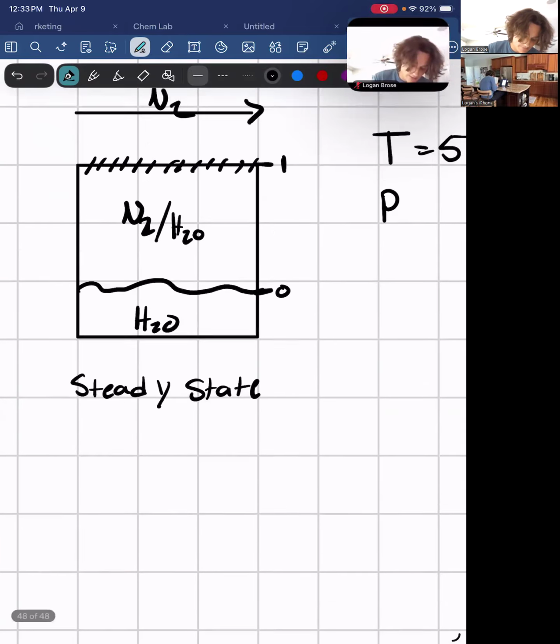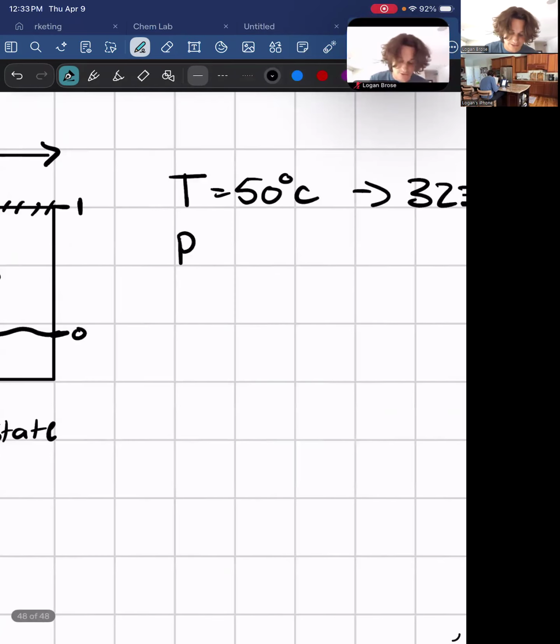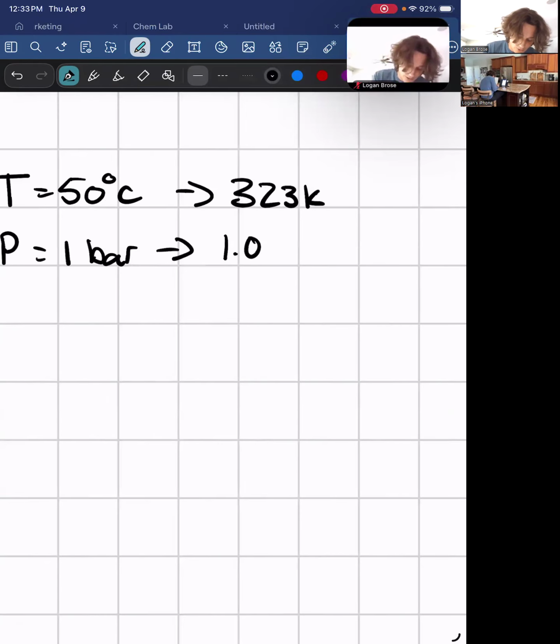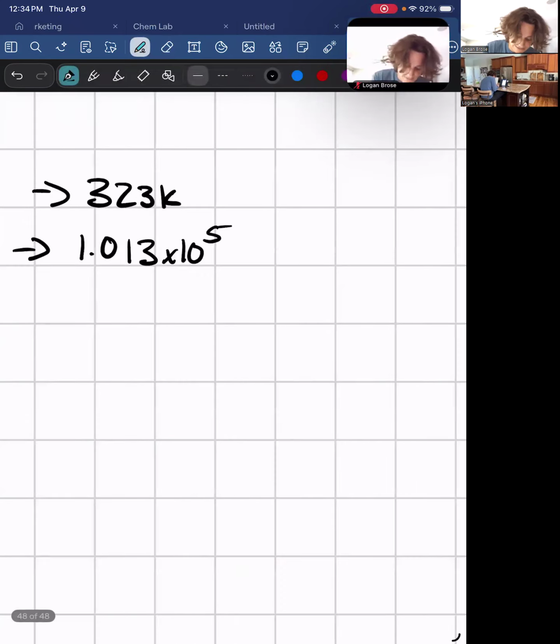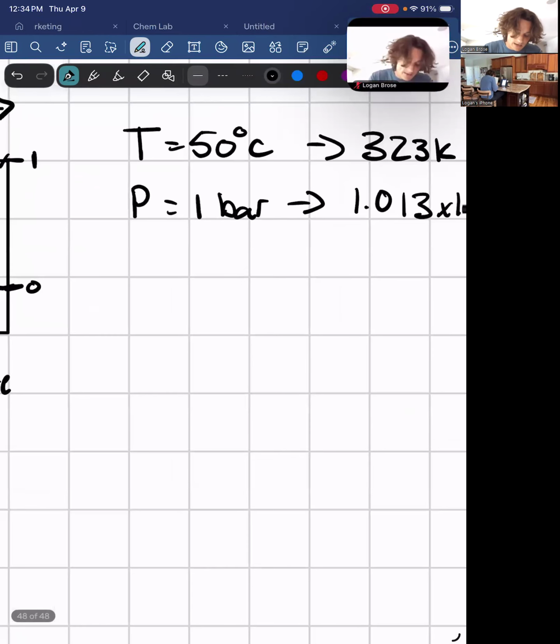With our cap here, so no pressure change, that means we only have one pressure of 1 bar, or 1.013 times 10 to the fifth pascals, right? So that's also in SI units. For gases, our diffusivity constant from our Fick's law is just going to be 10 to the minus 5.